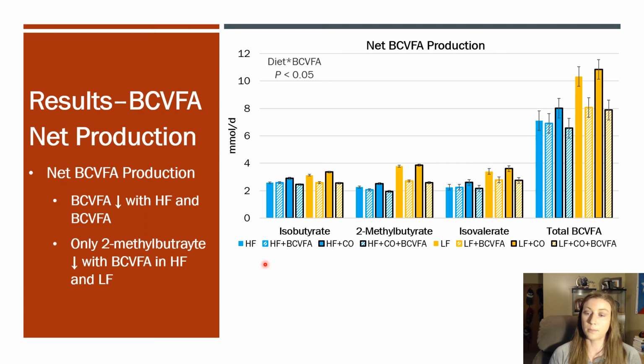Therefore, we would have expected a higher supply of branched chain volatile fatty acids and a higher net production of branched chain VFAs. So directly comparing these for branched chain VFA usage is difficult to do, but we did see a difference in high and low forage, and we did see a decrease in net branched chain VFA production with branched chain VFA supplementation.